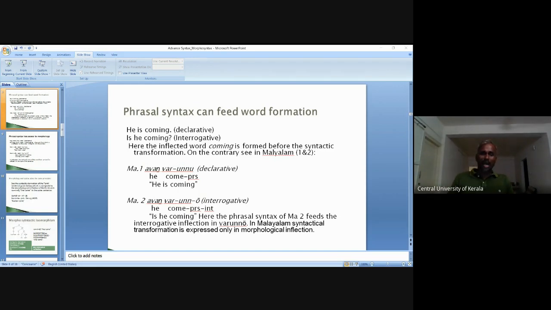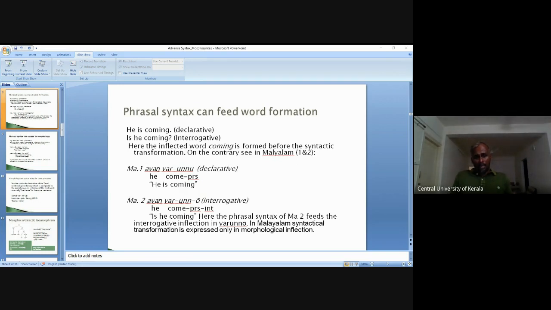There is no need for a morphological change in the word. This argument is right because morphology is an input of syntax: coming is already there in both, and can be inserted at the relevant point. So in the case of English, a language which is not very inflectional, it is correct.